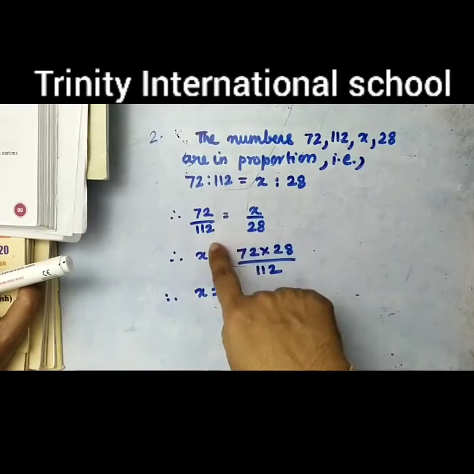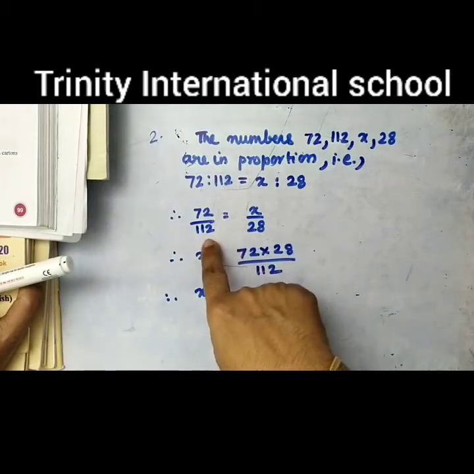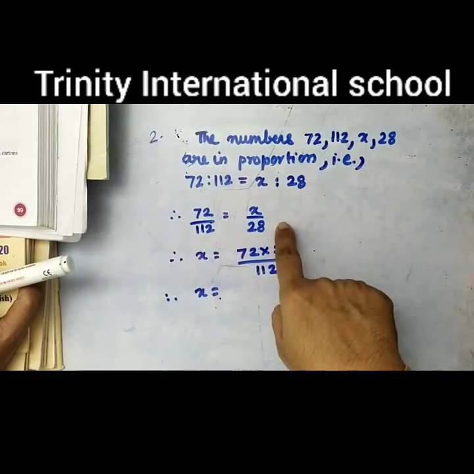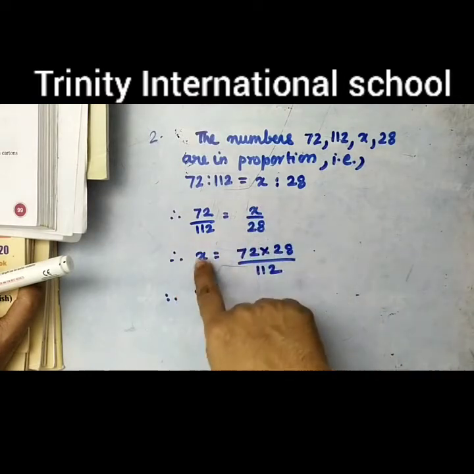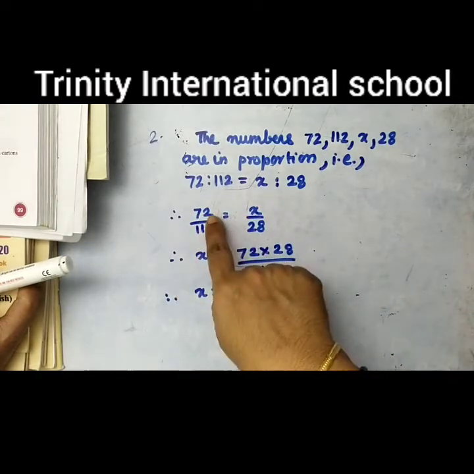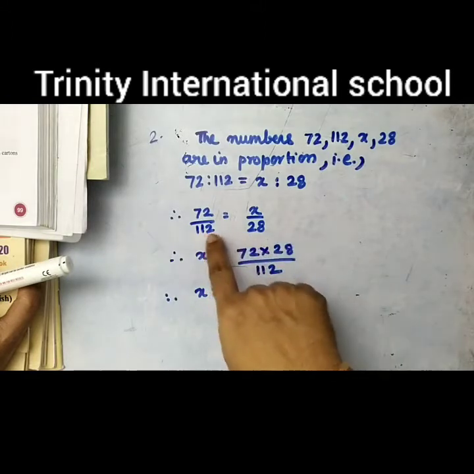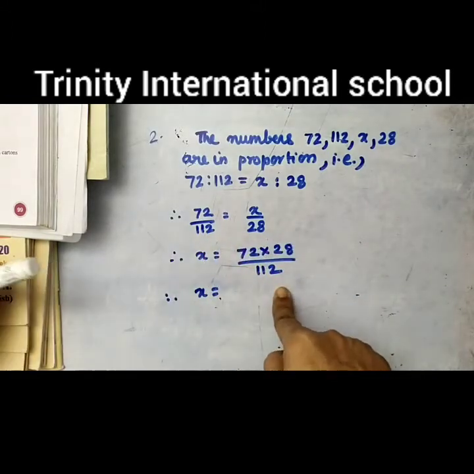Now what we did, we have written it in fractional form. तो ये देखिए, इसको मैंने फ्रैक्शनल फॉर्म में लिख लिया है, इसको भी मैंने फ्रैक्शनल फॉर्म में लिख लिया है. अब हम क्या करेंगे, अब हम x को लेंगे और क्रॉस मल्टीप्लाई करेंगे. देखिए 72 into 28 and 112 is down.